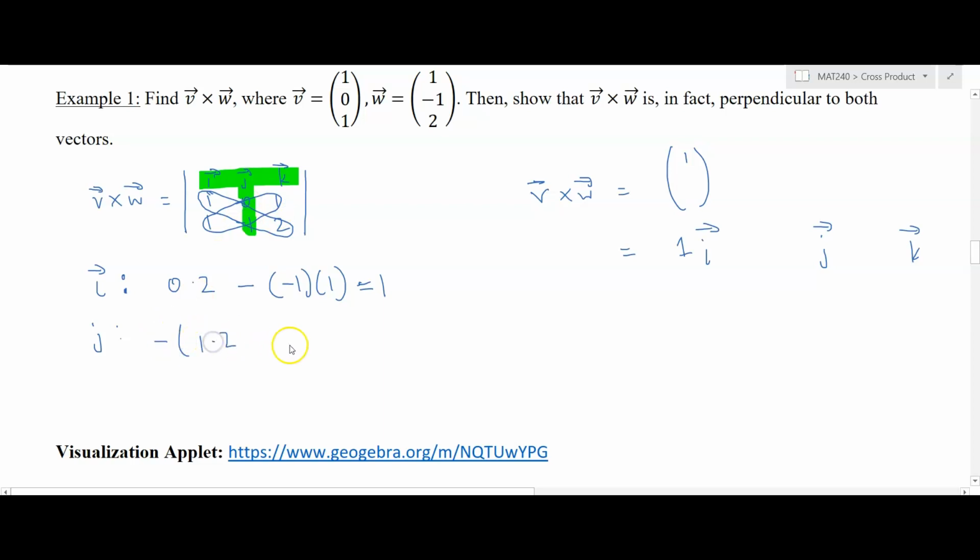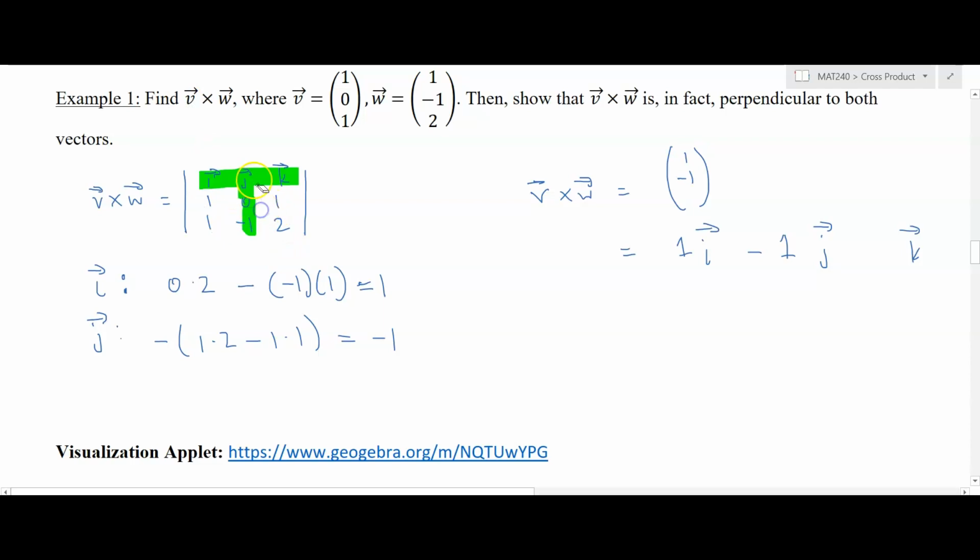That's going to give me 1 in the parentheses minus 1 after I take the negation of that. And so now I know that my J component is negative 1. So I could also write minus 1J. Now it's not the case that the J component will always be negative. We're just taking the negative of whatever value is in that parentheses.